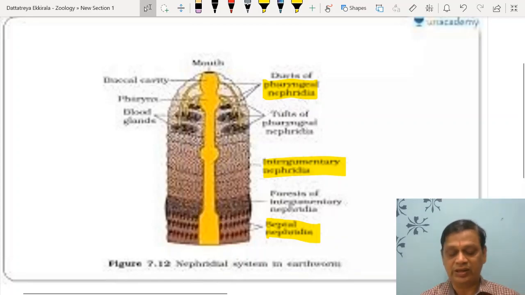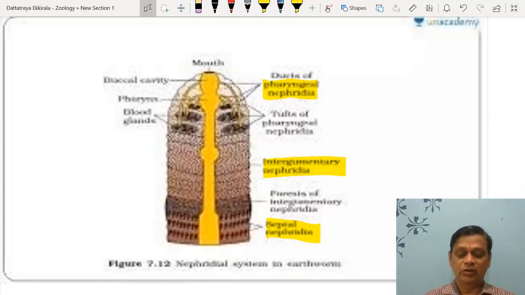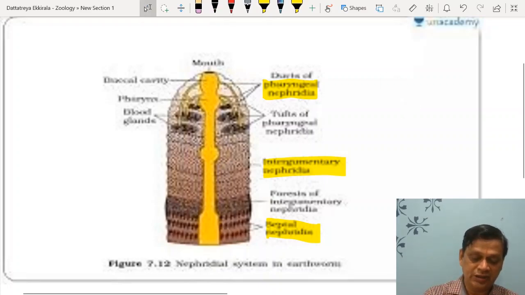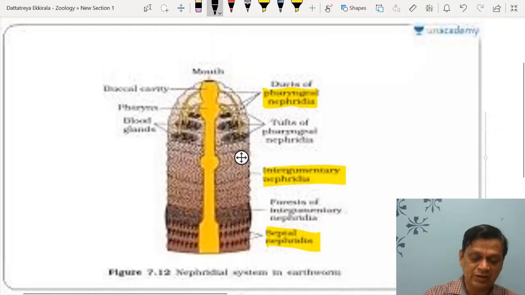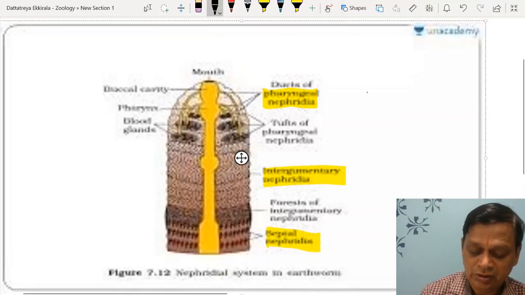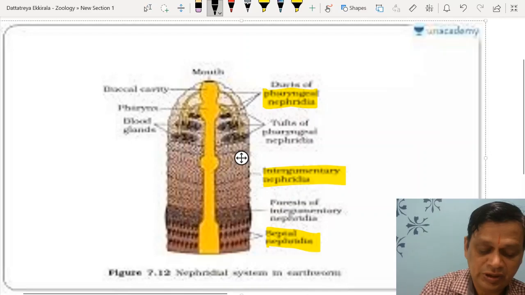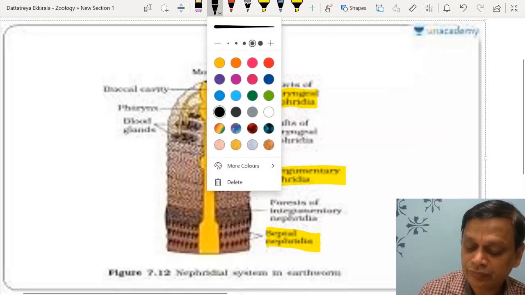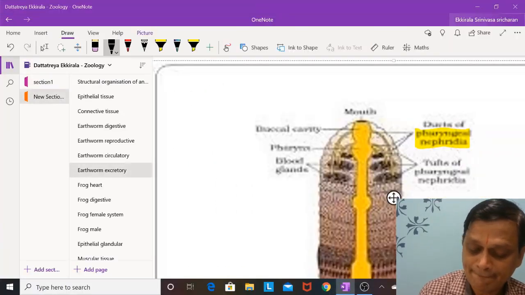These are the 3 types. Pharyngeal nephridia will be present in segments like 4.